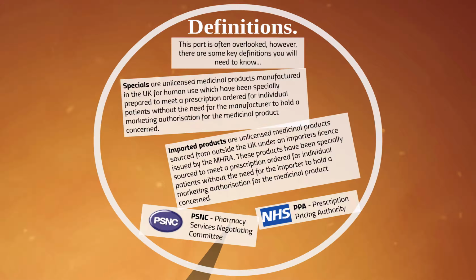They are sometimes called the PPD, so Prescription Pricing Department. However, you just got to know the relationship between the PPA, the PSNC, and pharmacies, in that the PSNC is fighting the corner. It's almost like a union of like-minded pharmacists to try and show the worth to the NHS, and the PPA are really the people who pay pharmacies at the end of the day.